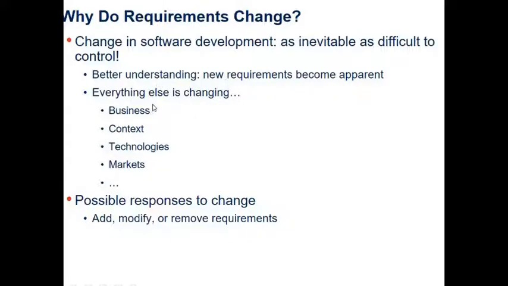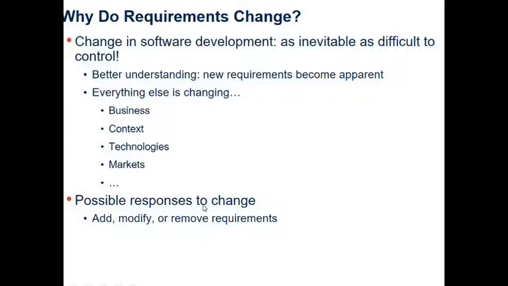Everything else is changing as well, right? The business is changing, the context keeps changing, technologies change very frequently, and markets keep changing. Because everything else is changing, it is inevitable that the software requirements also keep changing.